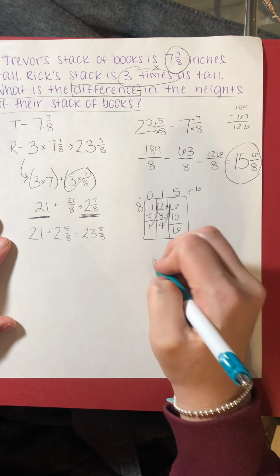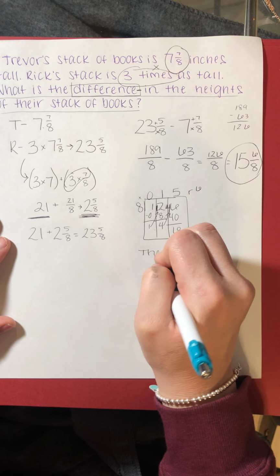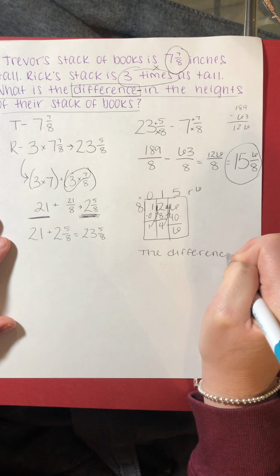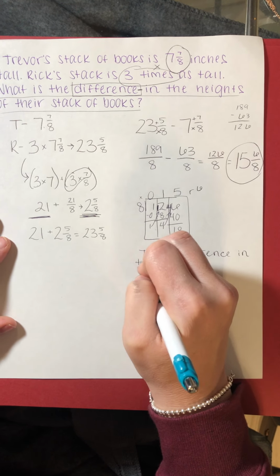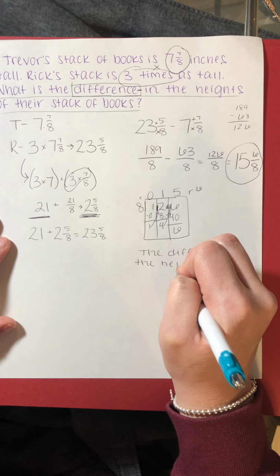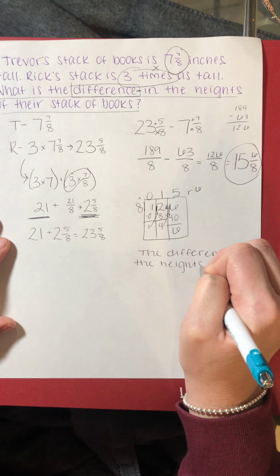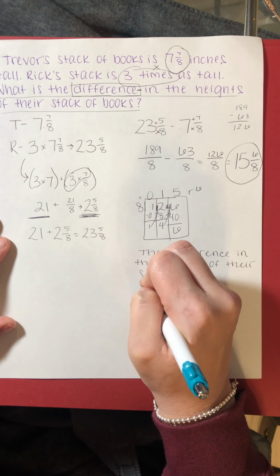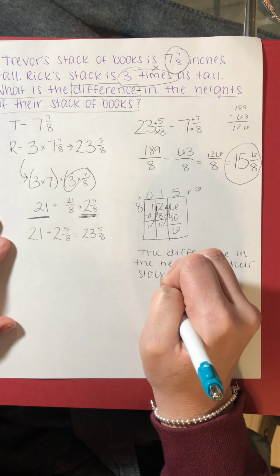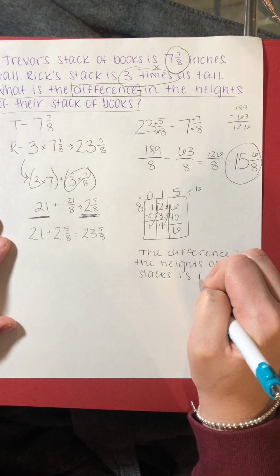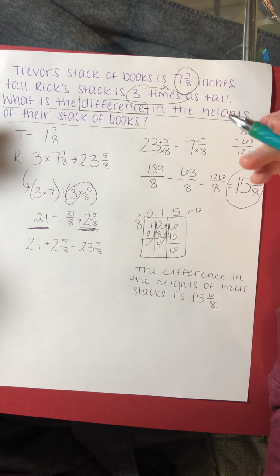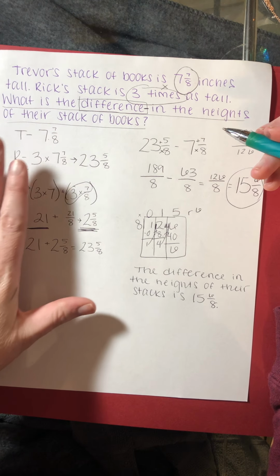When I read it in a full sentence, it would look like: the difference in the heights of their stacks is 15 and 6/8. So ultimately, this was our first step.